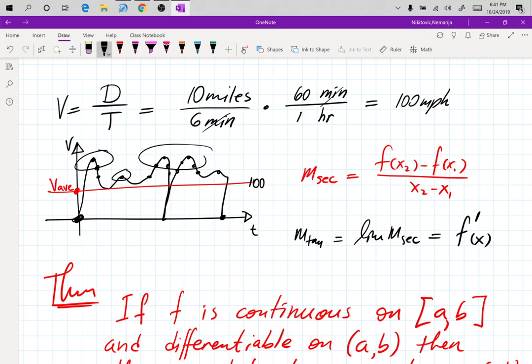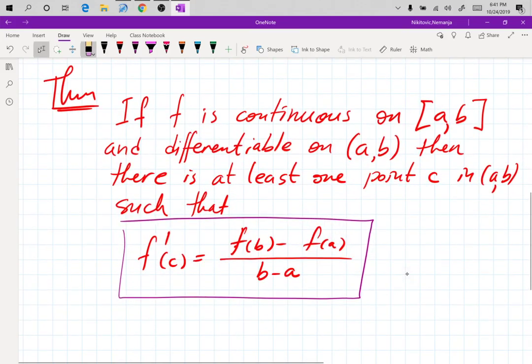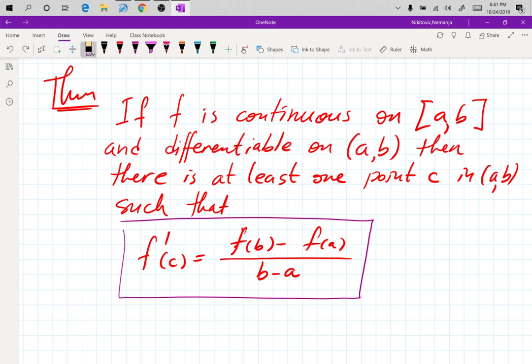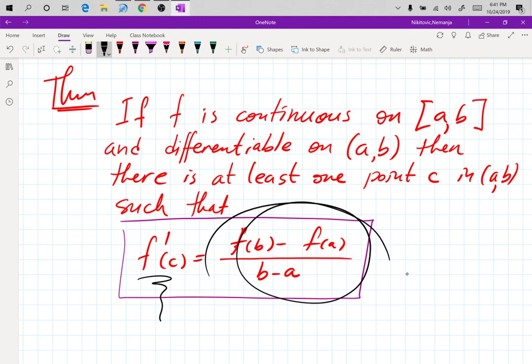These peaks are all 110, 120, 130. They can ticket you for 100 because it's guaranteed by the math that the average you get, which was 100, is going to be equal at least once to the instantaneous speed, which is what is ticketed.